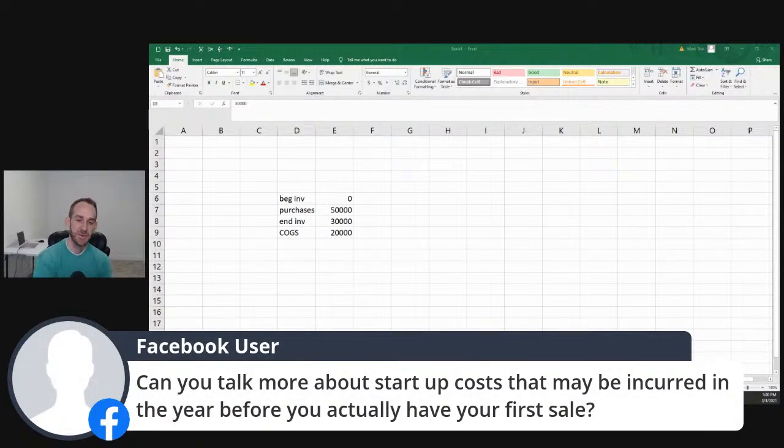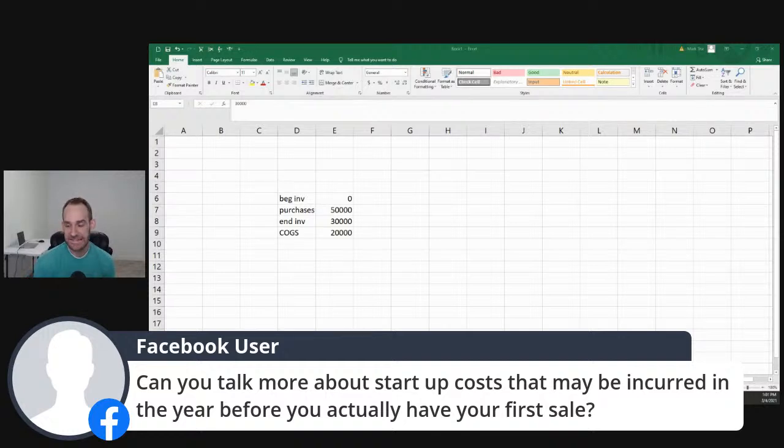So startup costs. This one is a little bit unrelated to what we've been talking about, and I'm going to wrap this up pretty quick. Let's say you're not open for business. You haven't registered anything as a business. You're not organized, but you're out there incurring all these costs. Maybe you're doing research, or trying to set up your Amazon or Poshmark store or something.